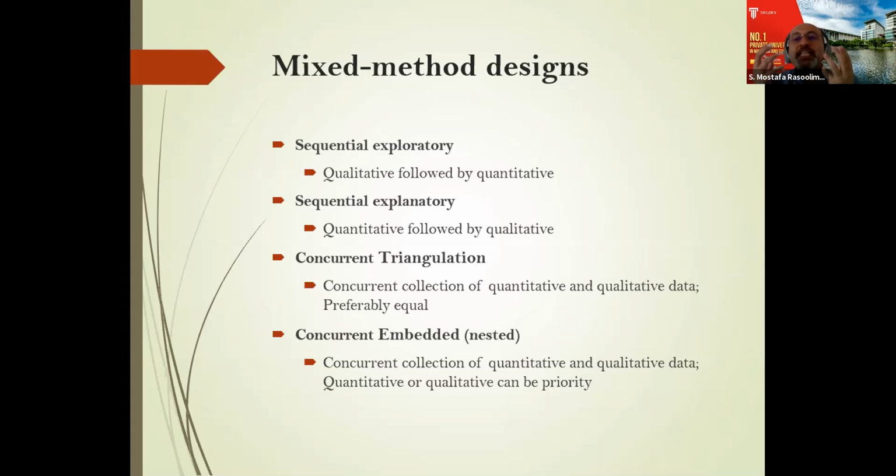But it's much easier to understand and much easier to design. This sequential explanatory is clearer, right? Based on our research objective, and to answer our research objective, quantitative should come first for sequential explanatory.